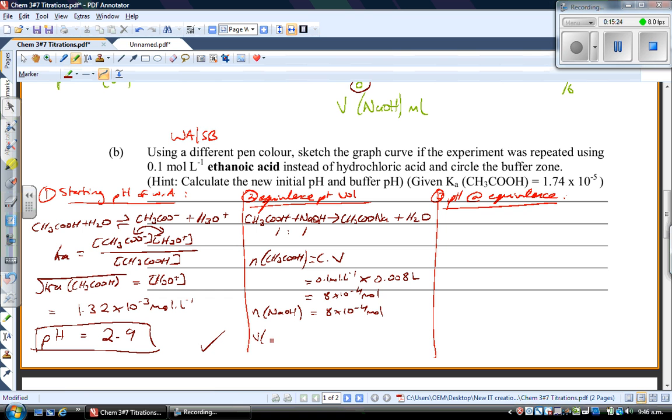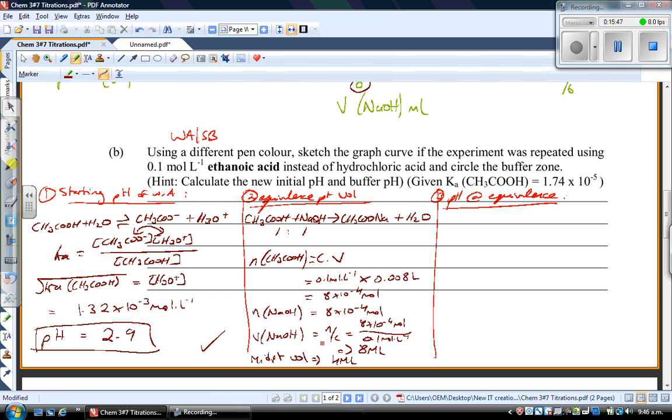So the volume of sodium hydroxide, if you take the moles and divide it by the concentration, that's 8 × 10^-4 moles divided by the initial concentration of the sodium hydroxide, and that gives you an equivalence volume of 8 mL. You can also say from this that the mid volume will therefore be half of that, so that will be 4 mL.